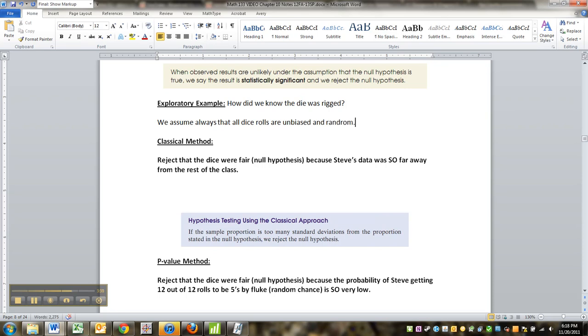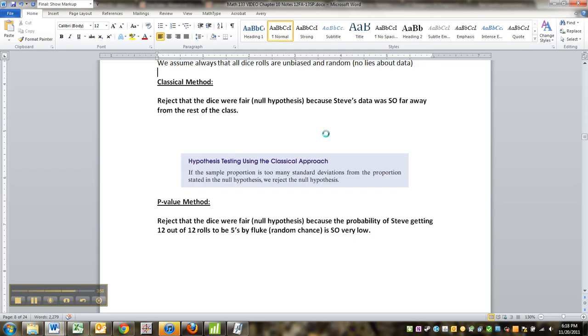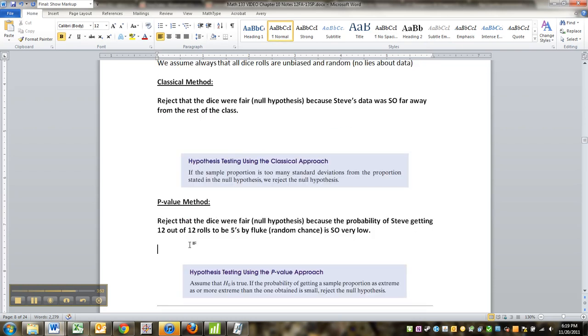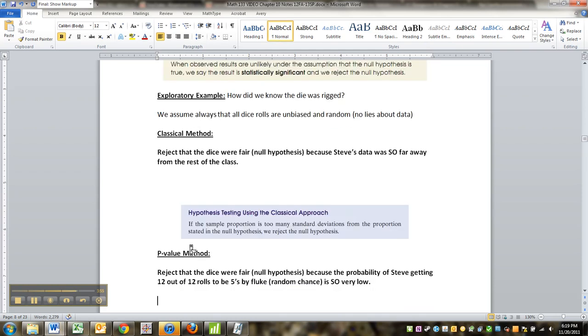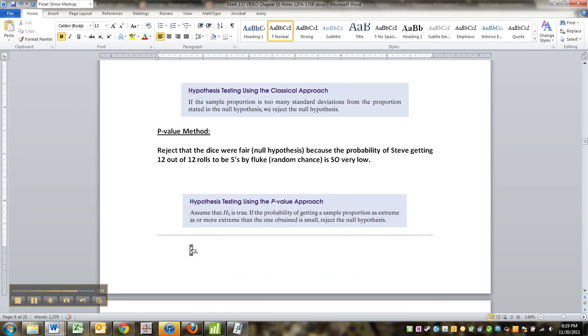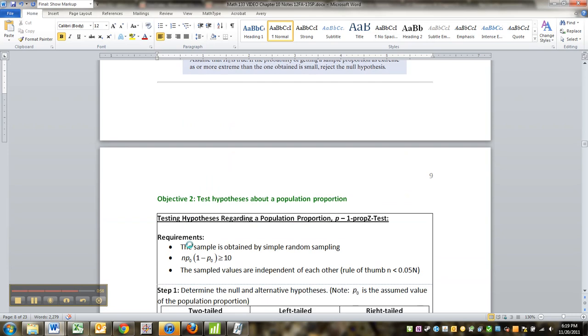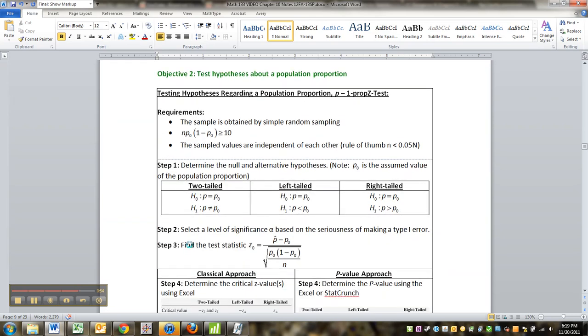We assume that he's not lying. No one's lying about their data. Now, in real life, of course, that's kind of hard to accomplish, having everything being random and unbiased, but we're just going to assume it for our purposes, okay? Okay, so we assume that everything's fair and unbiased, and then if that's the case, then him getting what he got is so unusual that we think something's up. Something's fishy. And that leads us to the 6 steps of hypothesis testing.